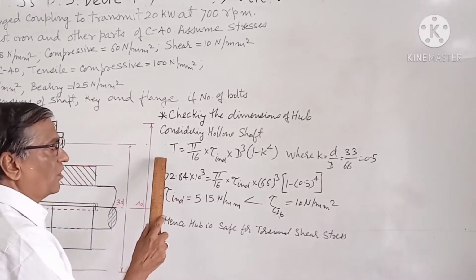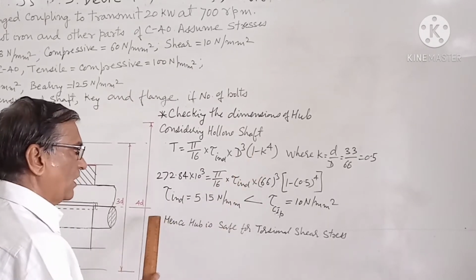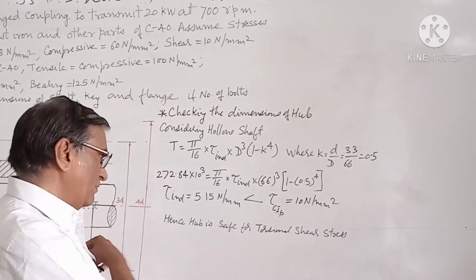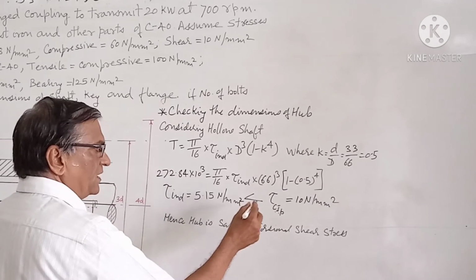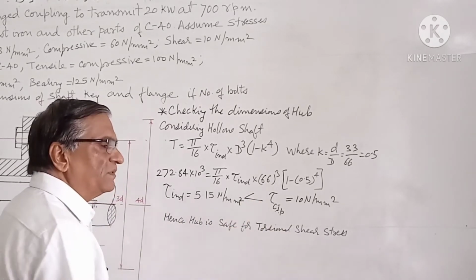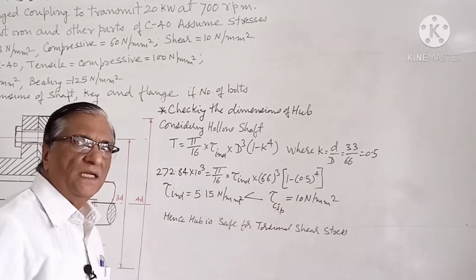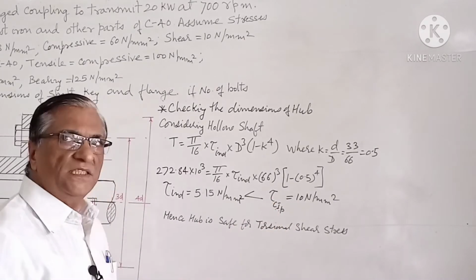Putting the values of torque, outer diameter of hub and k, tau induced comes out to be 5.15 Newton per mm square, which is lesser than the tau cast iron permissible. The value of tau cast iron permissible is 10 Newton per mm square. Hence hub is safe for torsional shear stress.